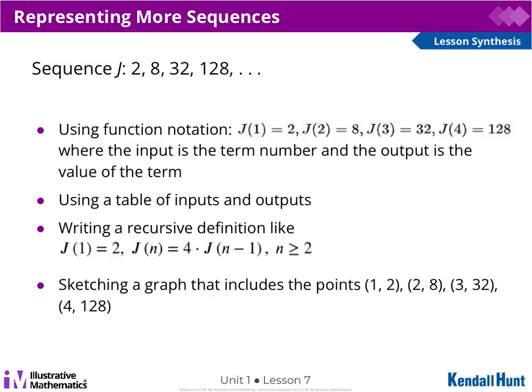Sequences are similar, where you can represent a sequence with an actual list of numbers, a function, a data table, and a graph. Or you can also have a story, but we don't see a story here. So it's very similar to what you learned in Algebra 1.